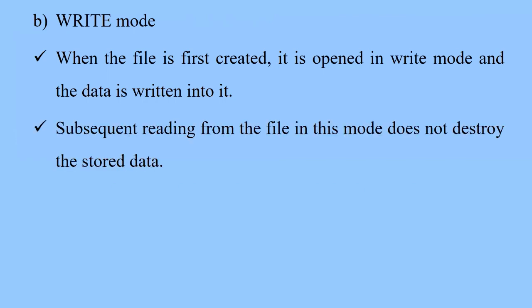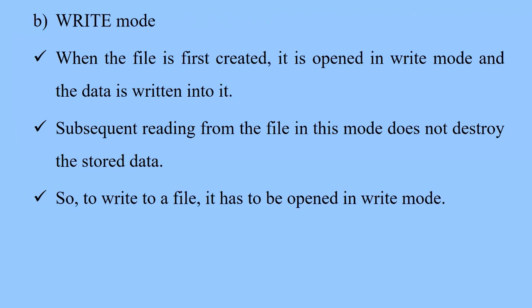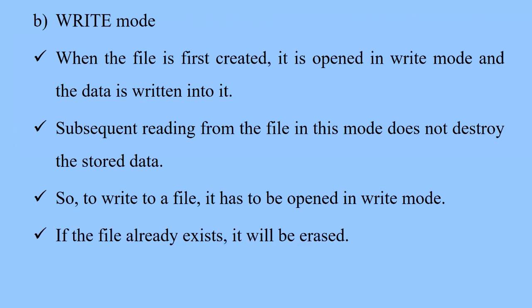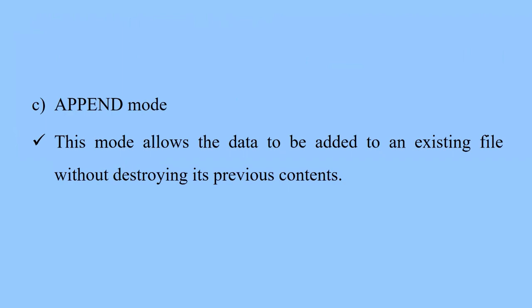Subsequent reading from the file in this mode does not destroy the stored data. So, to write to a file, it has to be opened in write mode. If the file already exists, it will be erased. Number 3 is called the append mode. This mode allows data to be added to an existing file without destroying its previous contents.